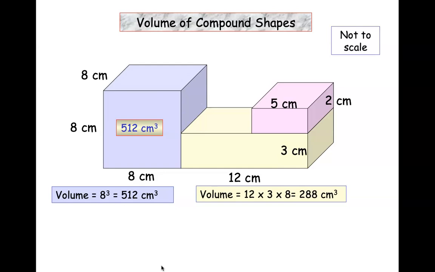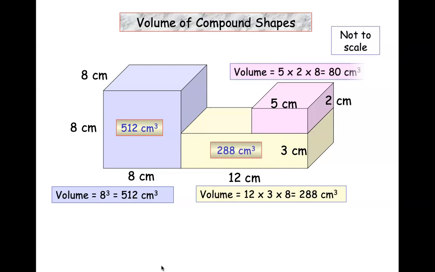So the width of the yellow cuboid is going to be the same as the Smurf blue cuboid on the left. Okay, so that's one thing that we needed to recognize there. And then the pink or lilac cuboid at the top right is going to be 5 by 2 by 8, and again we needed to recognize that the width is going to be 8.